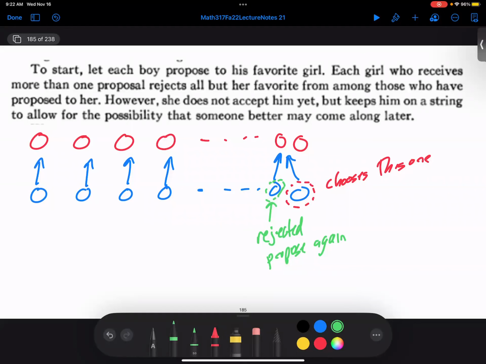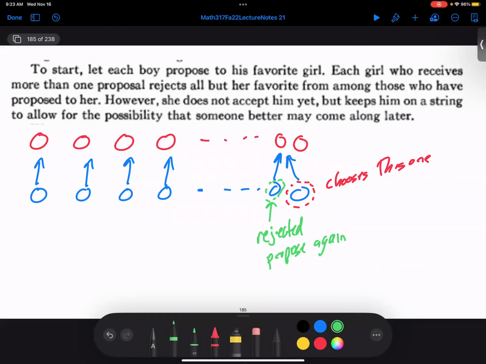And then you just look at all of the rejected guys, and then all the rejected guys propose to their highest rated choice that they haven't proposed to yet. It doesn't say to do that here. That's going to be what's next. But I want to make sure that everybody understands step one. All the men just make proposals. If everybody proposes to someone else, we're done.